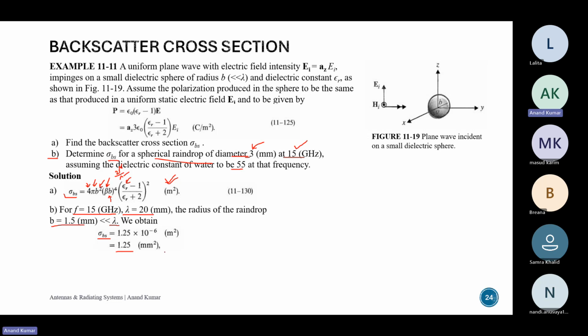And if you take the ratio with respect to the actual surface area, which is pi b square, so 1.25 by 1.5 square upon pi, it turns out to be 0.177. So this radar cross section, which is also an area, is much smaller than the sphere's actual surface area. This implies that radars are actually very good even in bad weather.